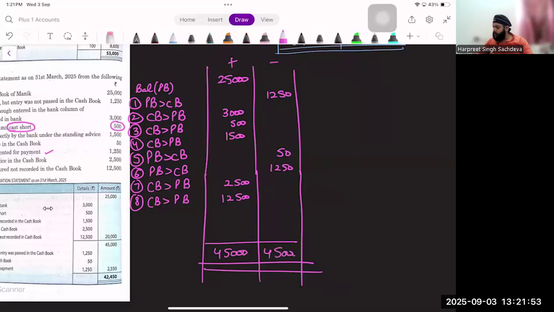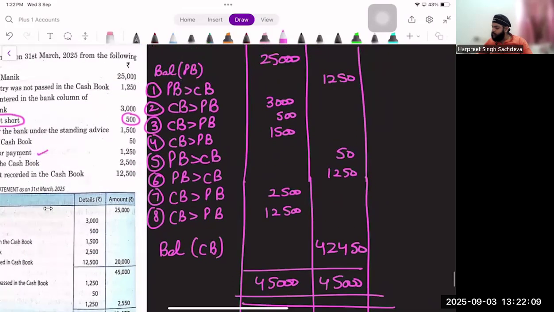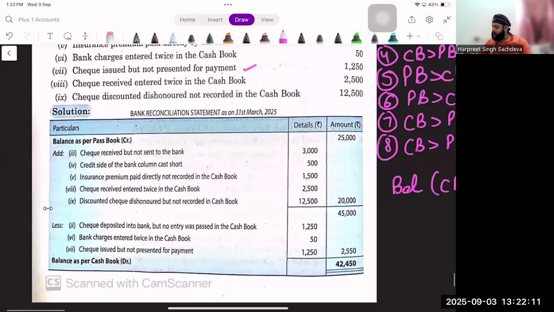Same total. We'll deduct. So it is 42450. Again, started with a positive, ended at negative. Sign change, nature same. This will be balanced as per cash book. Yes or no? It is 42450. Am I clear, Raja? Yes or no?